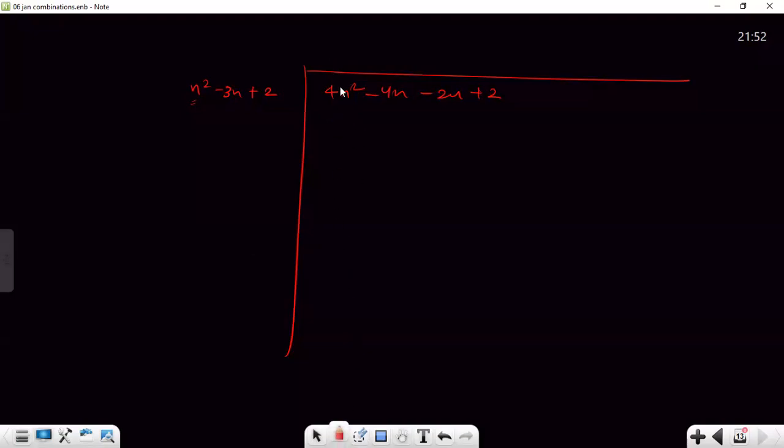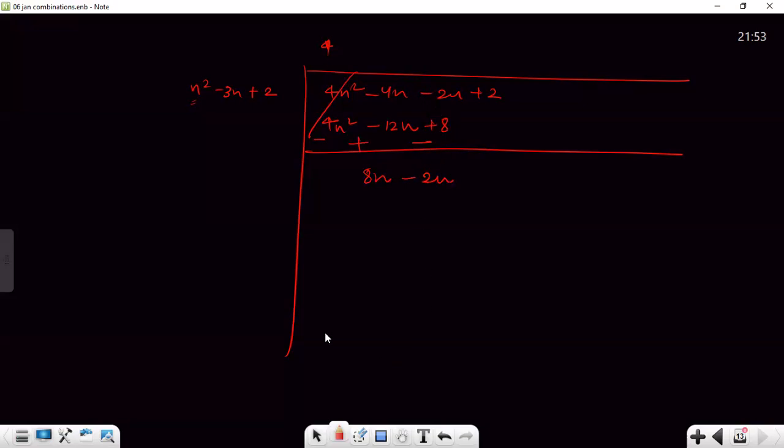So how can we bring 4n square here? By multiplying 4 with the divisor here. Okay, 4n square minus 12n plus 8. Now we'll subtract, so we'll change the sign. This becomes 0 as per our objective.